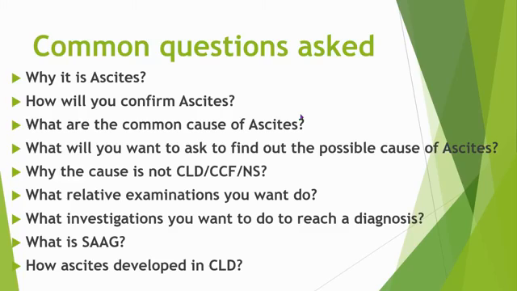There are many causes, but you should utter the common causes of ascites: CLD, which is a common cause, peritoneal tuberculosis, secondaries in the peritoneum, nephrotic syndrome, CCF, congestive cardiac failure. These are the common causes of ascites.